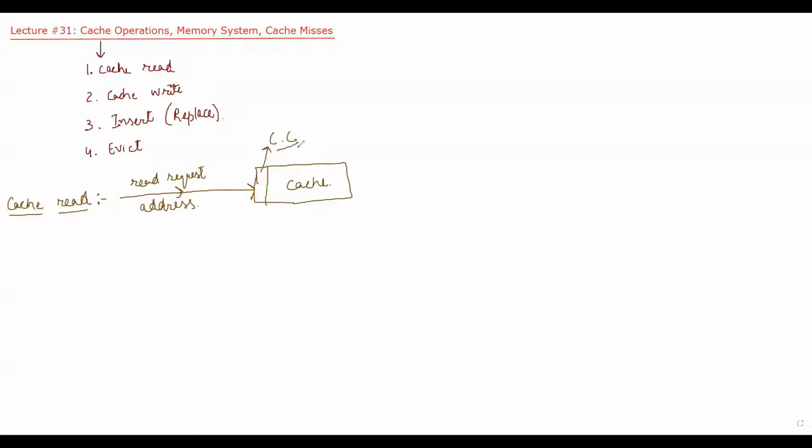This cache controller receives the read request and it checks this address, and based on this address, it will search in this particular cache depending upon the type of cache, whether it is a direct mapped cache, set associative cache, or fully associative cache.